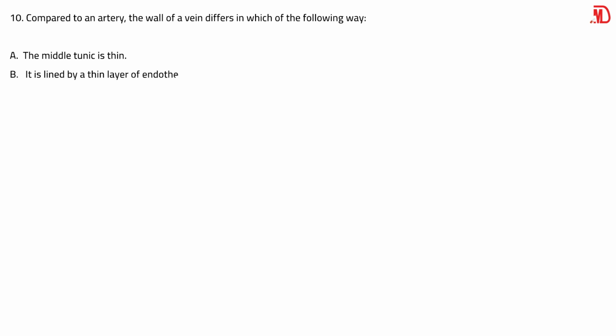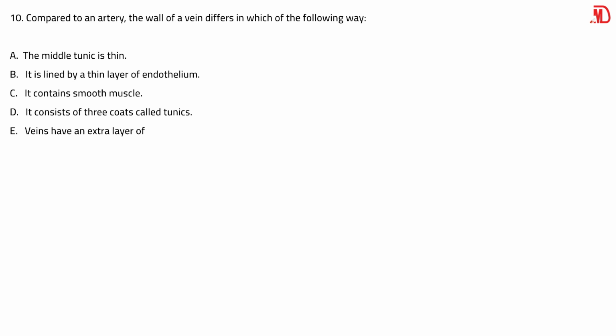B. It is lined by a thin layer of endothelium. C. It contains smooth muscle. D. It consists of three coats called tunics. And E. Veins have an extra layer of muscle.